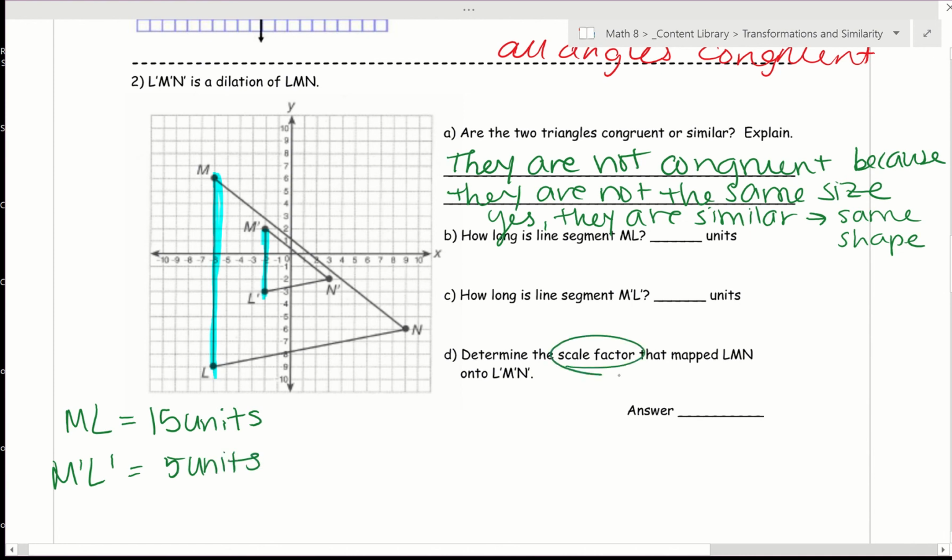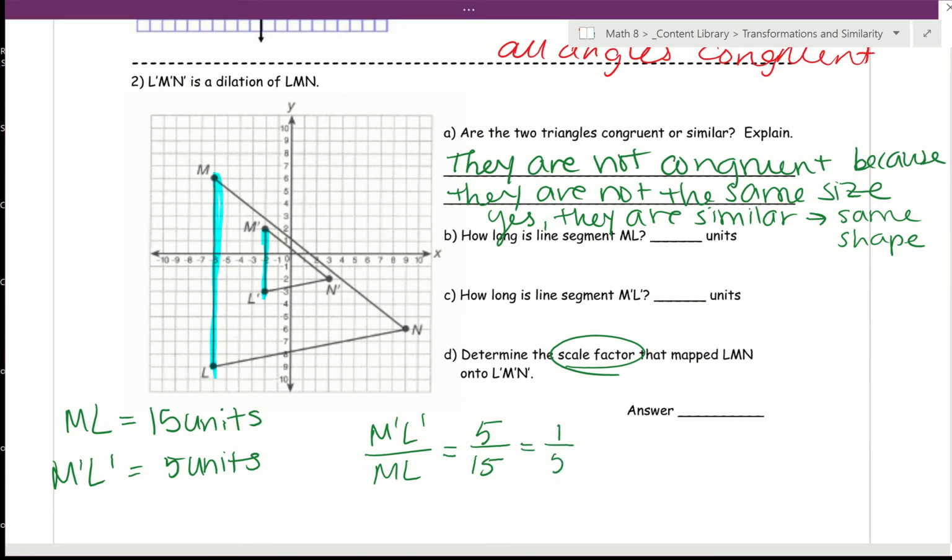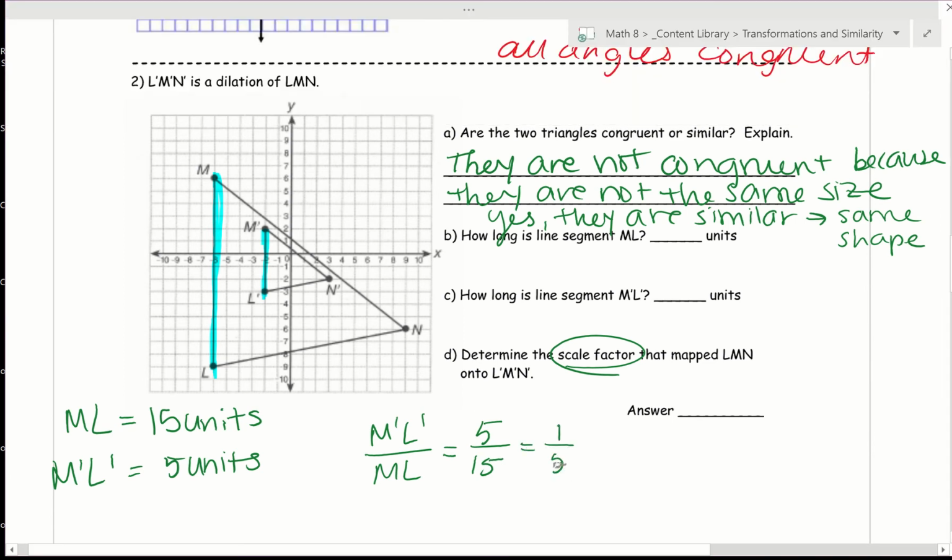So what's the scale factor? Well, let's see. M prime, L prime over ML will have 5 over 15. We have 1. Oops, not 1/5. I lied. 1/3.